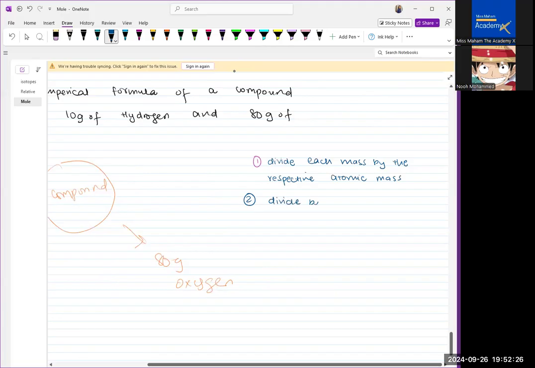Then divide by the lowest figure to obtain the nearest whole number ratio. And then you get to the empirical formula after rounding off or rounding down.